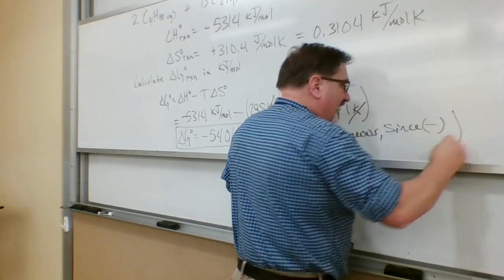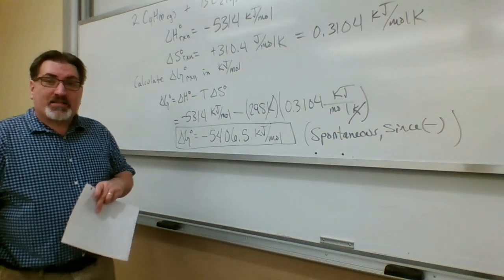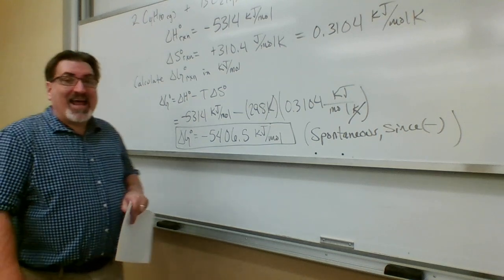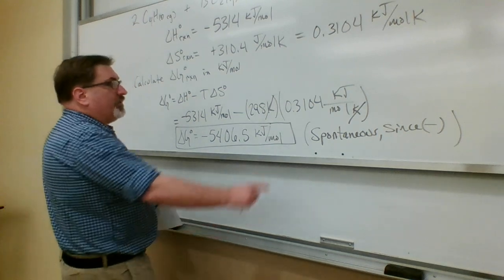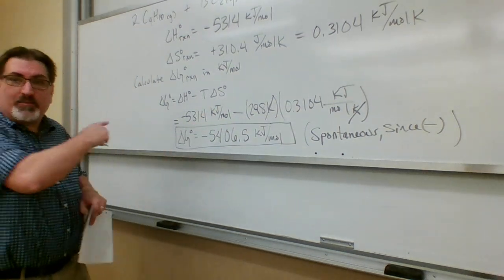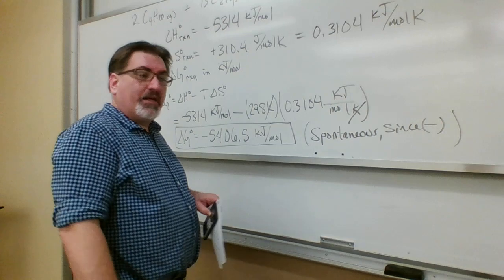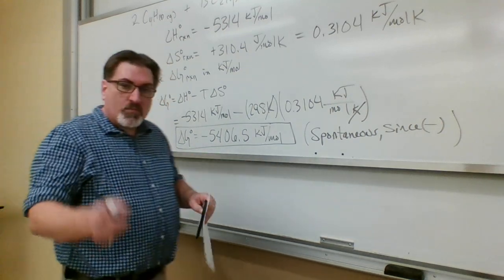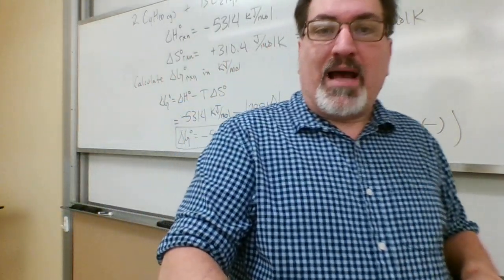So since it's negative, that reaction is spontaneous. It's also spontaneous at all temperatures because entropy is positive and enthalpy is negative. So from that table we had on a previous video, this will be spontaneous at all temperatures. Come back, I'll show you another example.